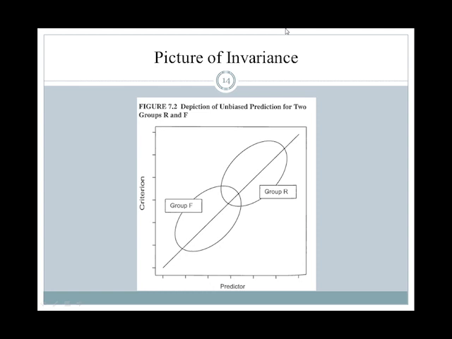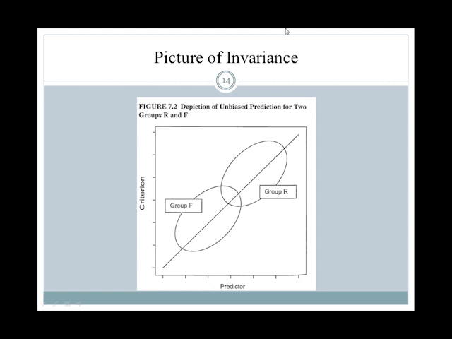And we have two groups that are measured, group R and group F. Group R stands for reference group and group F stands for focal group, but that's more in the education literature. So we see that there are mean differences, where the mean of group F is roughly 3 and the mean of group R is roughly 5.25 on the latent variable, and that explains why we see observed differences on our items.